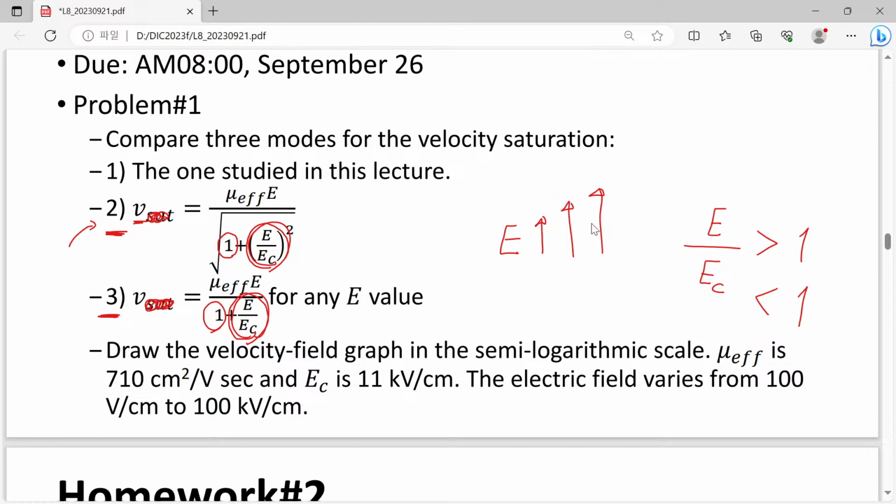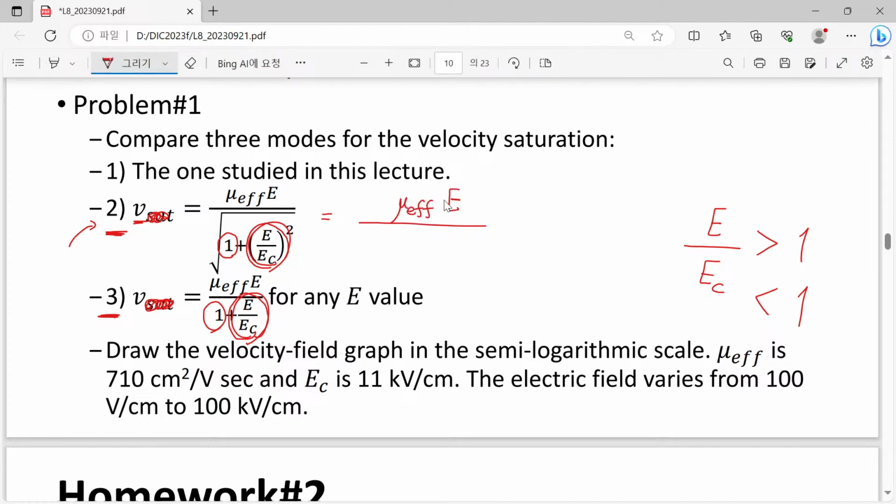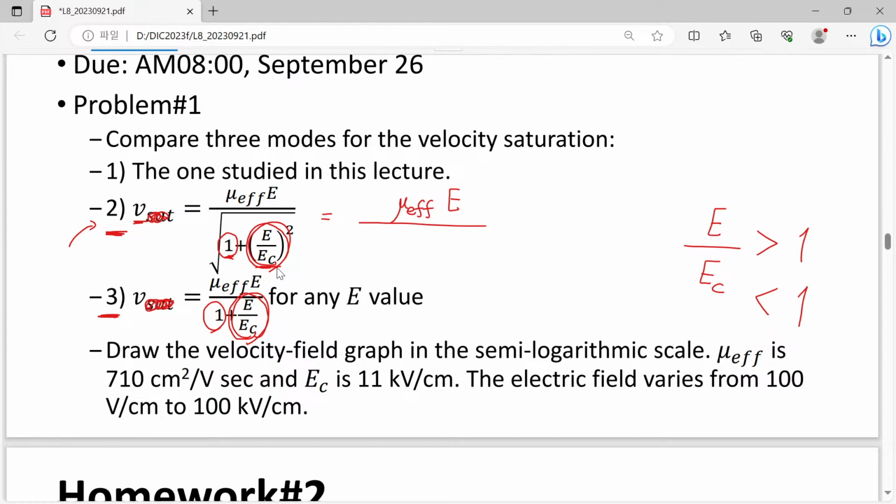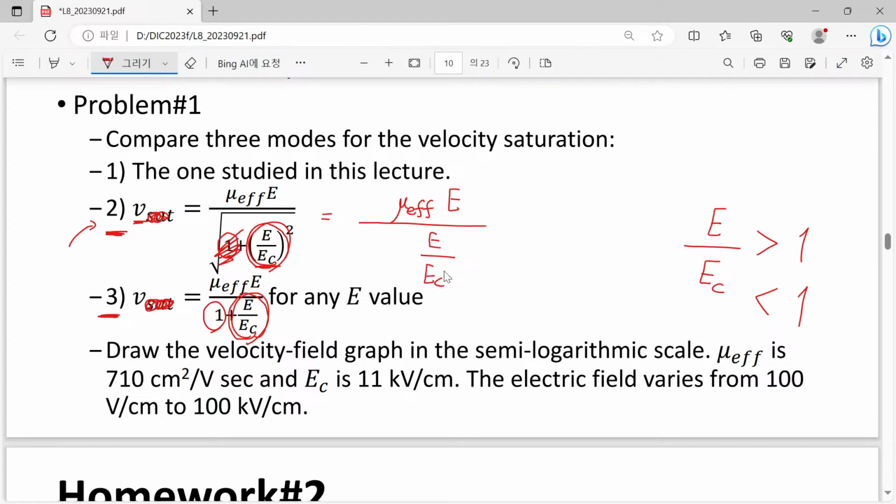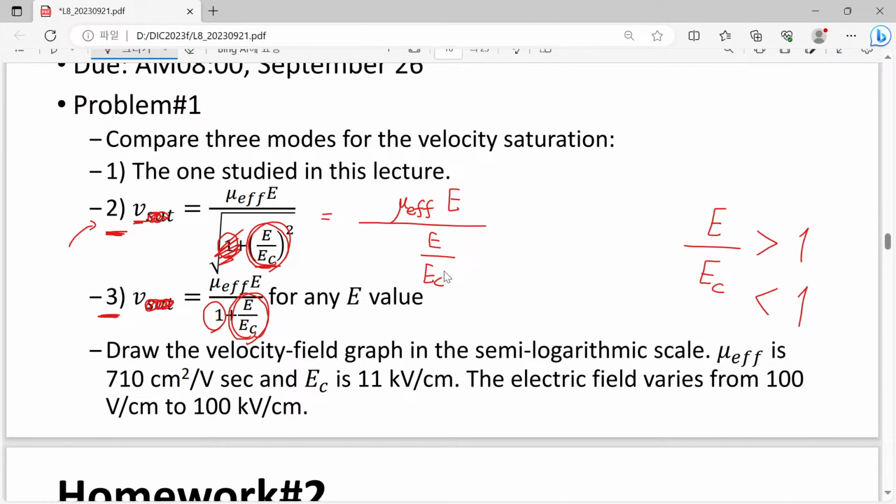One extreme is when we have extremely high electric field. Then what will happen to this term? When we have extremely high electric field, we will have mu effective E that doesn't change. However, compared with this one, this number will be dominant, so we can safely neglect it, and then we will have this kind of thing.